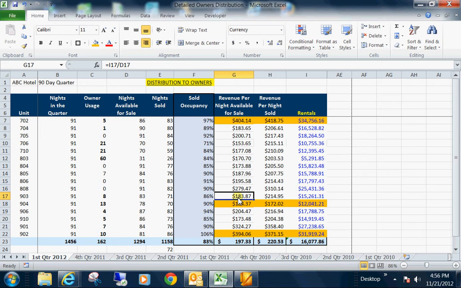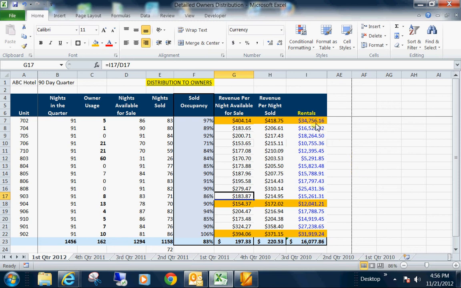Also, this could be a reason why owners in the program feel frustrated because of a lack of transparency. Oftentimes the hotel program may not allow you to see this, but I'm suggesting here that it's something that they should allow you to see, because you can see the great disparity that we're showing here.